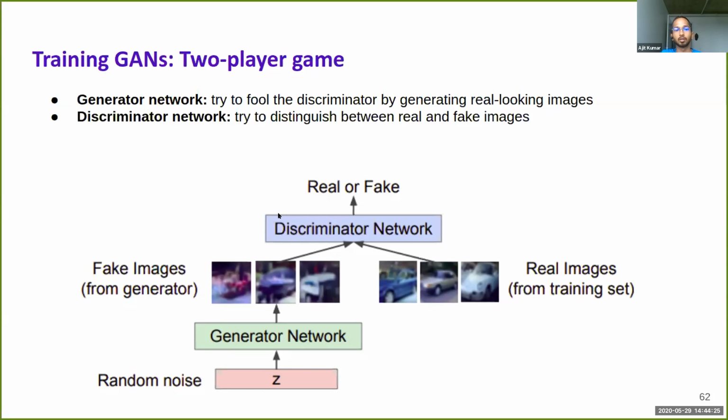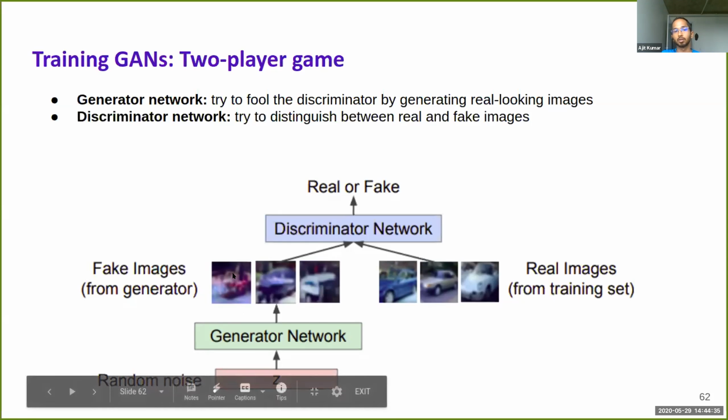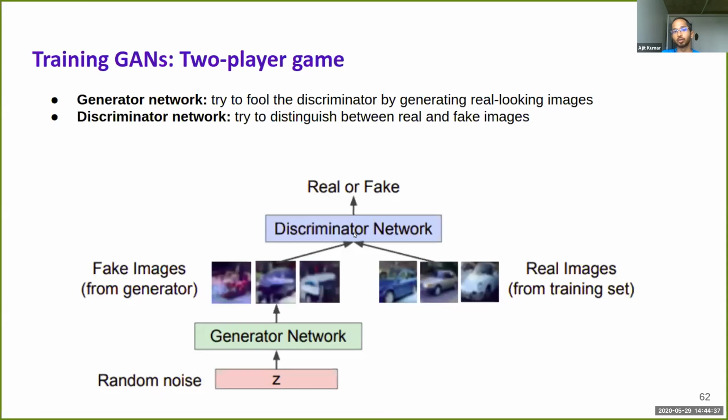So the goal of this discriminator network is to determine whether the image is coming from a fake image or a real image. And both of them are competing against each other.